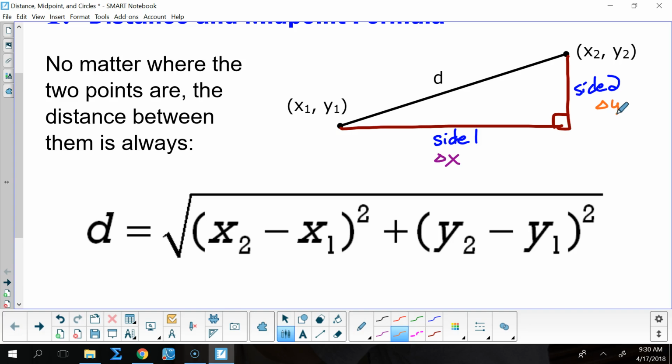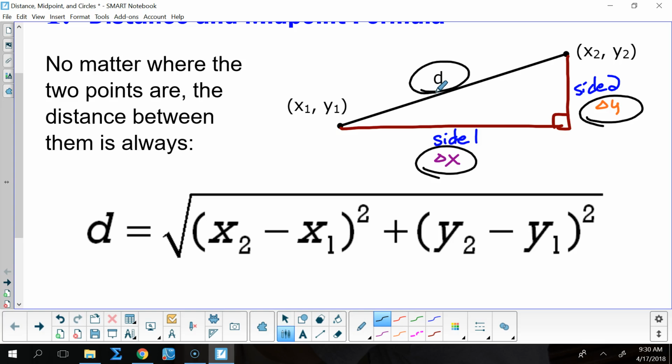Then the Pythagorean theorem says that if I square this side and I square that side and add them together, I get this side squared. But if I want just that side, then I've got to take the square root of that sum. And that's how the distance formula is developed.